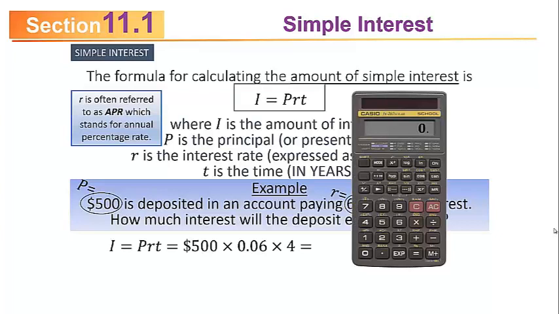If you multiply those three numbers together, 500 times 0.06 times 4, you get 120. So you'd make $120 in interest if you put $500 in at 6% interest for a period of 4 years, if the interest were simple interest.